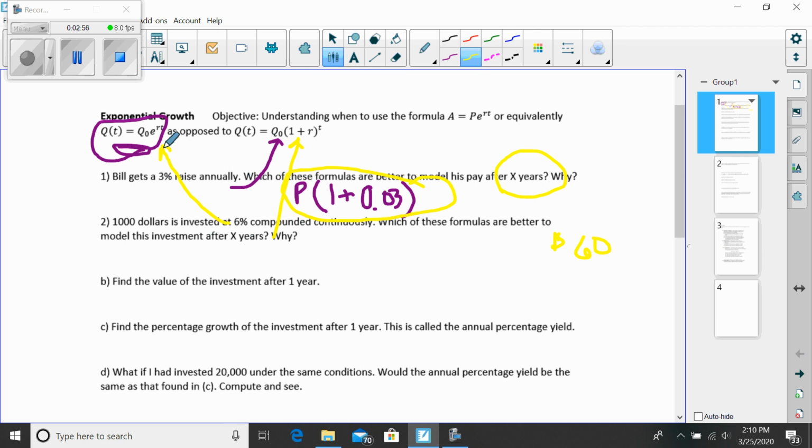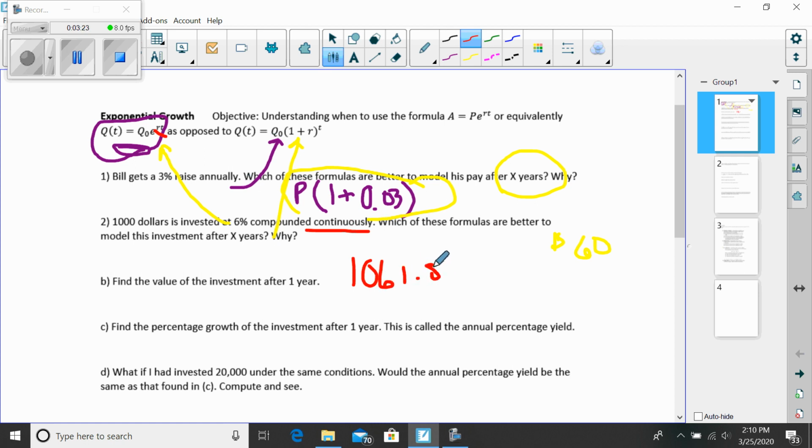However, since it's compounded continuously, we should use the formula up here, this one. If we compute that, we end up getting $1,000 at the end of the year is worth $1,061.84.